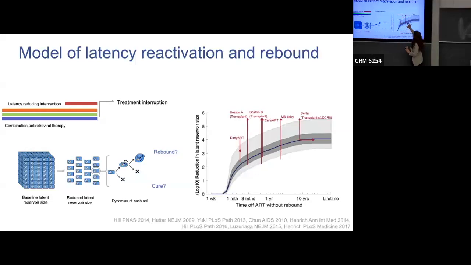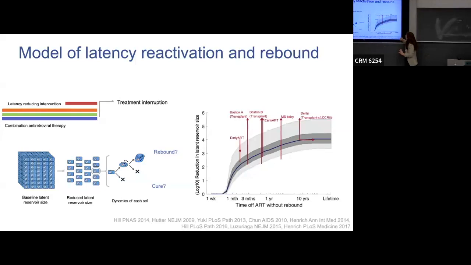So there are many individuals, some who received stem cell transplants, some who were treated so early there wasn't even time for latency to form, and some more complicated situations. But many times people went many years.